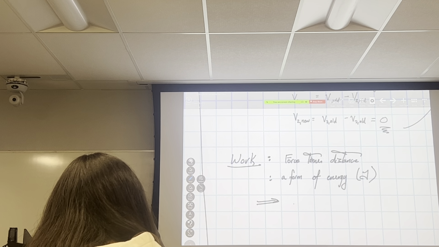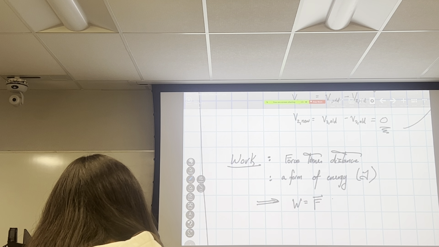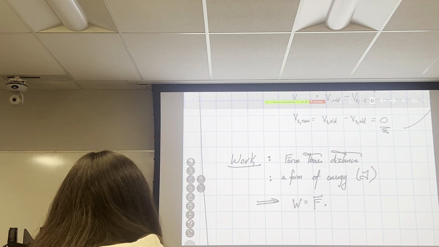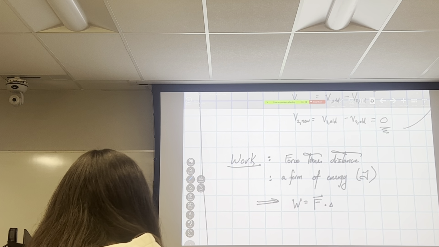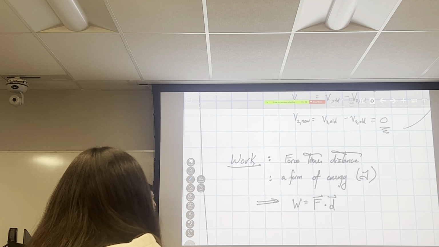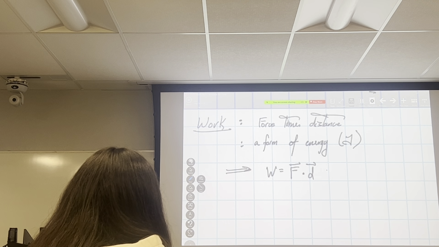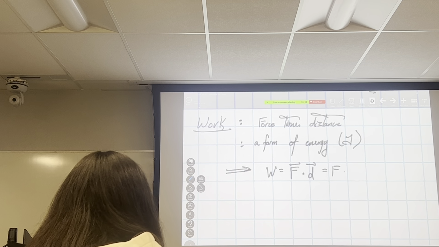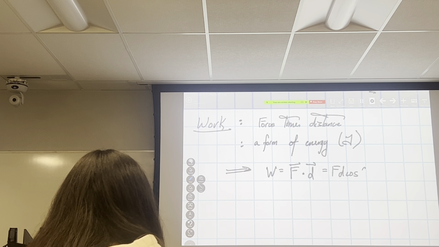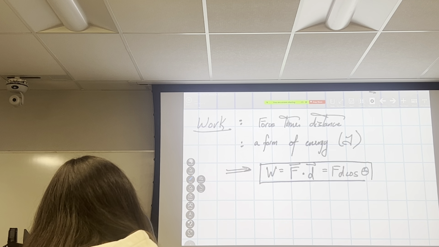So, work is going to be force dotted with a, we'll call it distance, lowercase d, which is equal to F D times cosine of theta.